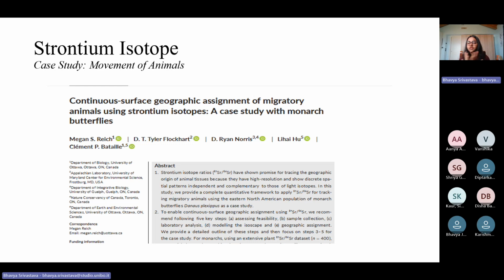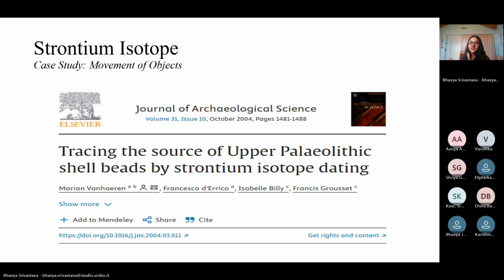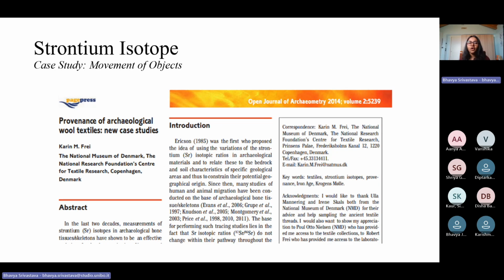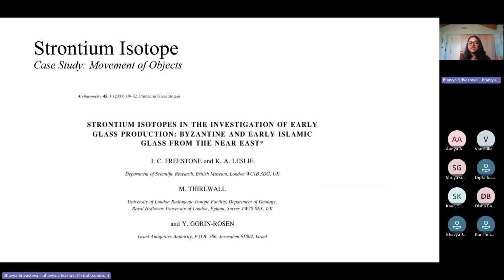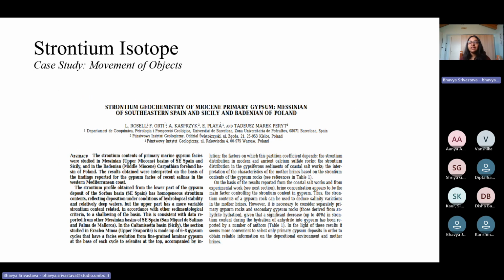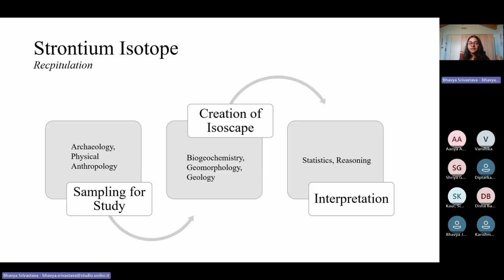And it's not just for humans or animals, it's also true for objects. So shell beads, or let's say textiles, so wool, ceramics, glass, even building material, if gypsum and other objects are considered. So you can see that the principle remains the same.